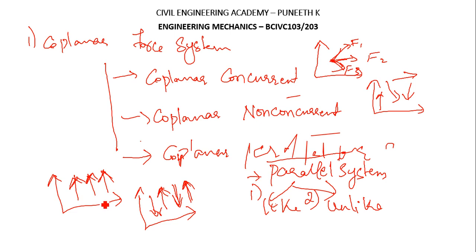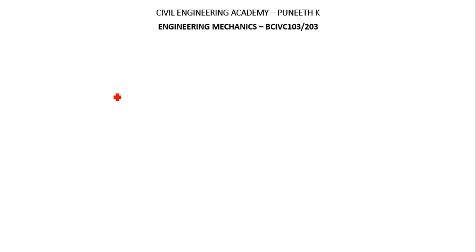If all the forces are parallel and acting in the same direction, it is known as coplanar parallel force system under like system. If all the forces are acting on the same plane, are parallel, and are acting in different directions, then it is called a coplanar parallel unlike force system. So this is the classification of coplanar force system.